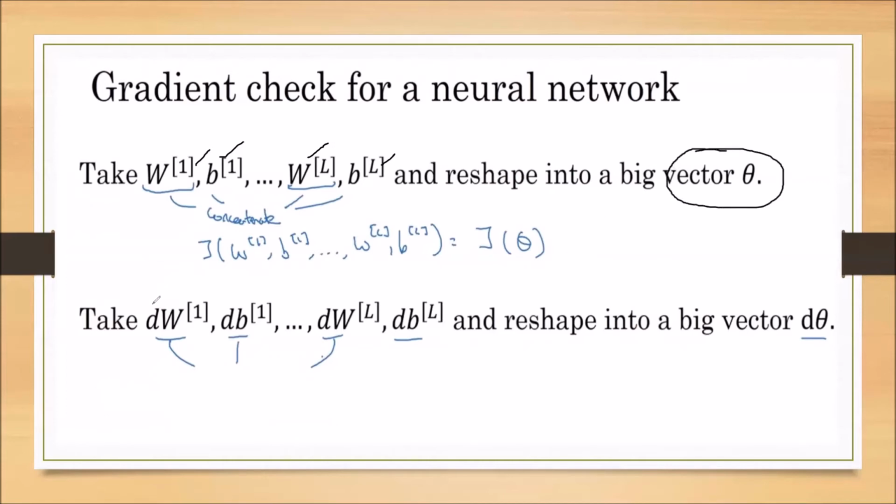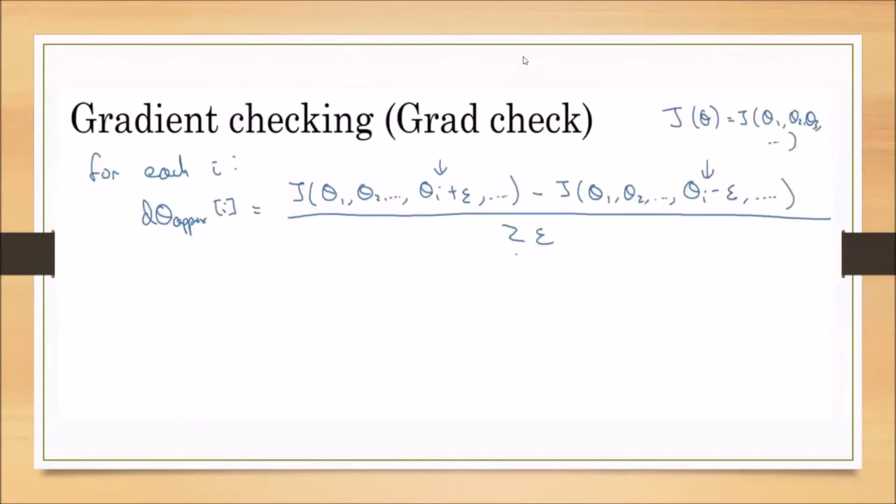Similarly, we take dw1, db1, dw2, db2, and reshape all of them into a single vector or single column matrix, and we call that d theta. Now we calculate the differentiation using the numerical computation method we just discussed.